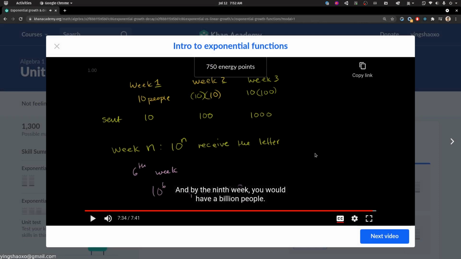This explanation tells us how some technology companies use this strategy to increase the number of their users.